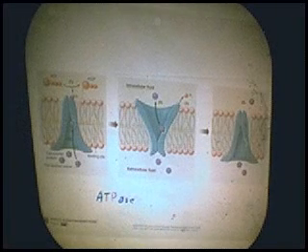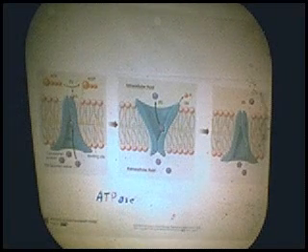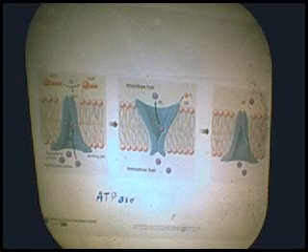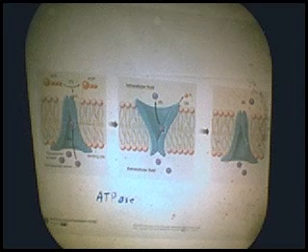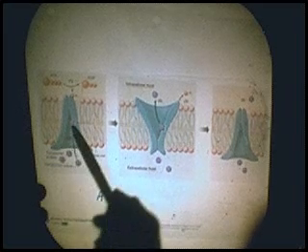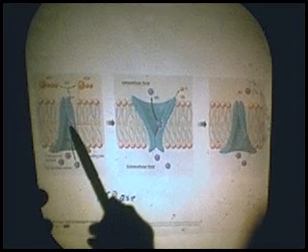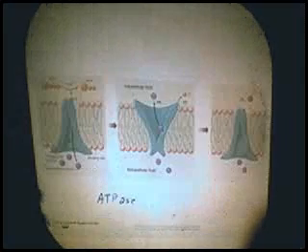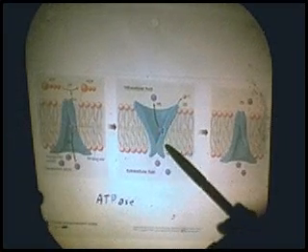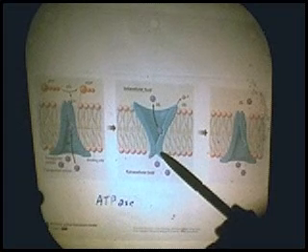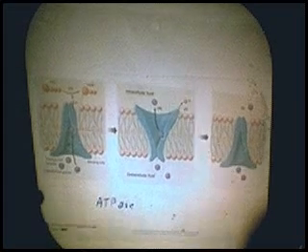When the inorganic phosphate binds to the transporter, it changes the shape of the transporter. So there are actually two things going on here. You've got the solute binding to the specific binding site, and you've got phosphorylation of the receptor, leading to a conformational change so that the substance then can be transported across the membrane.